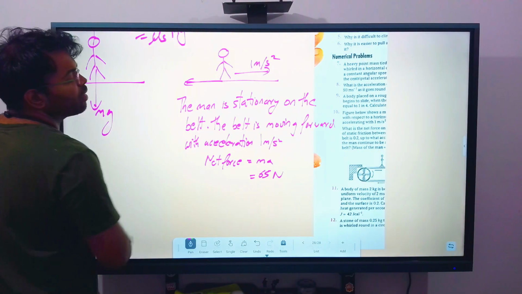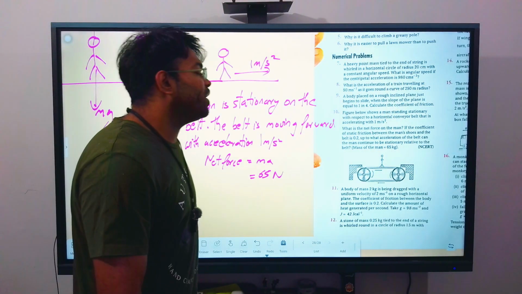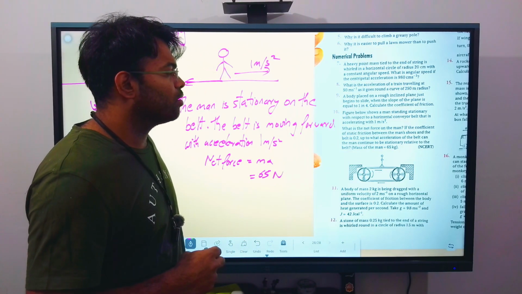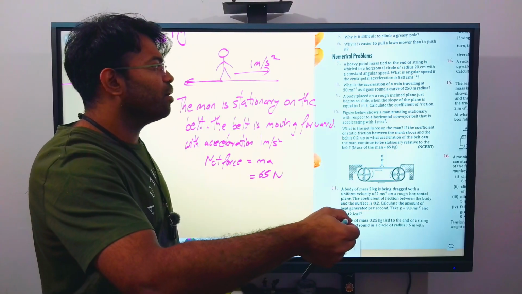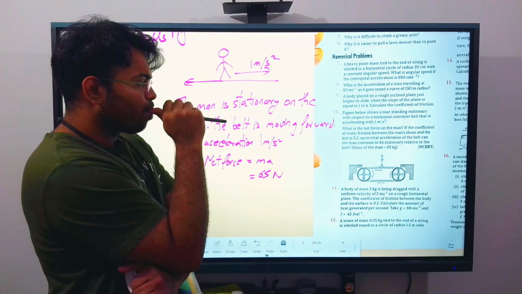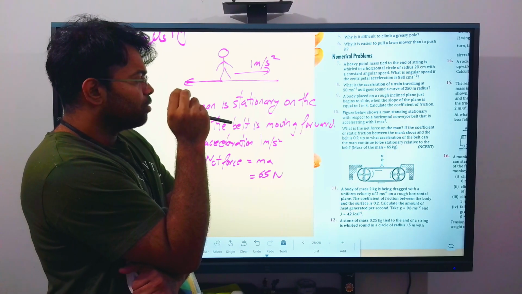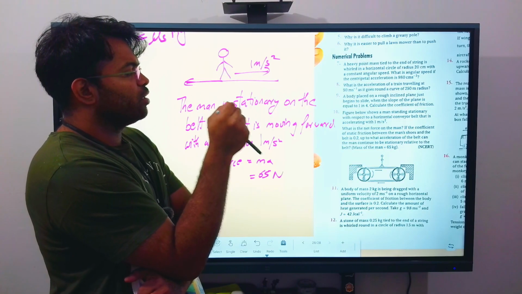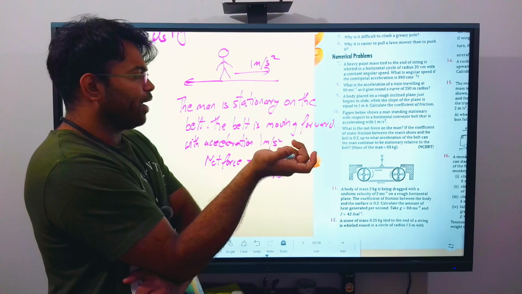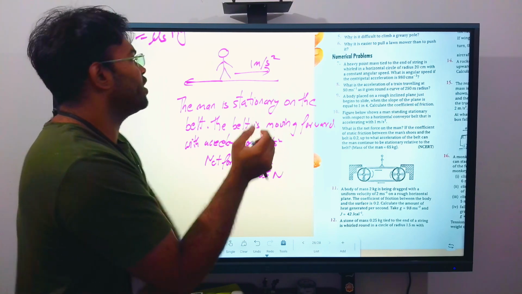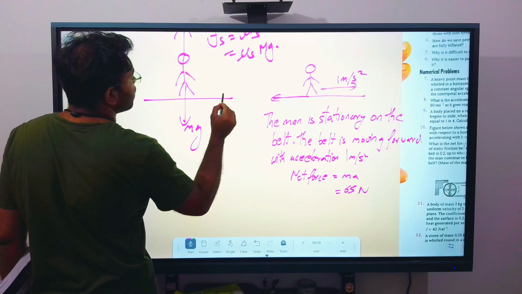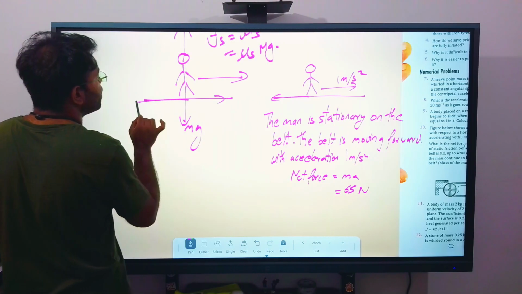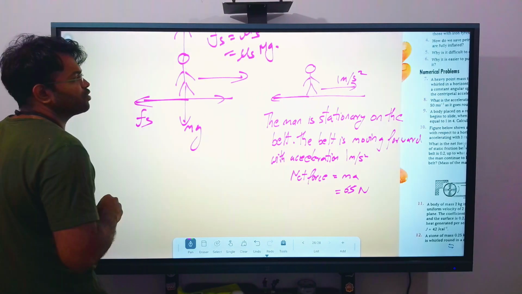This is the question. The belt is moving, but he has to remain stationary relative to the belt. See, the frictional force should be equal to the forward force. For him to remain stationary, if there are two forces acting on him, this force should be equal to your frictional force.